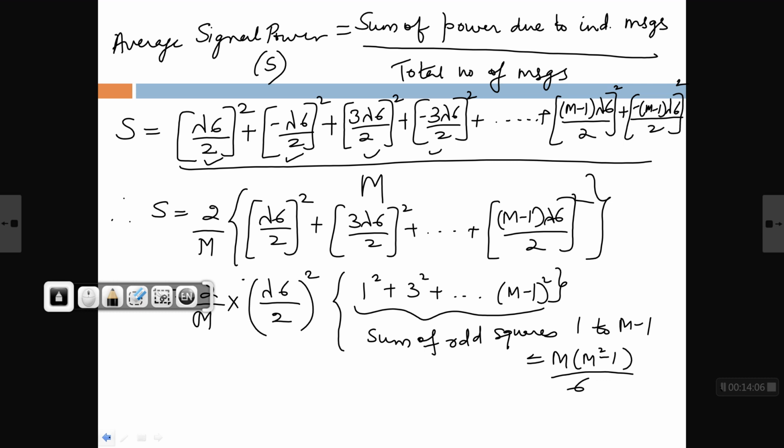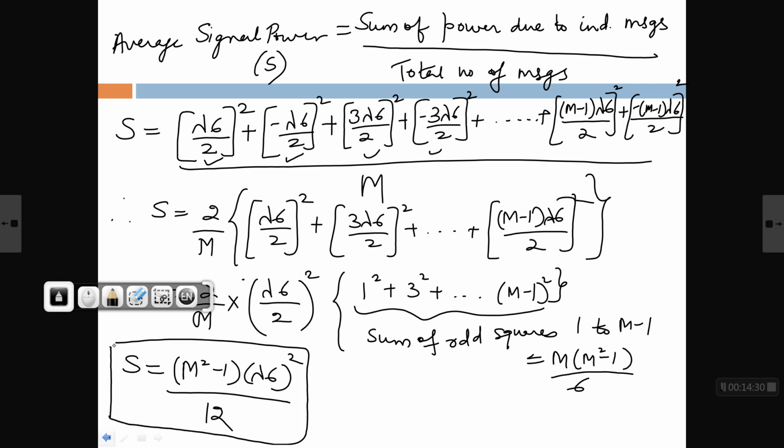So I can replace this, and S would be: m and m from the numerator and denominator will get cancelled, and 6 and 2 and 2 will get cancelled, 1 6, so it will become 12. So this is the value of S that we have.